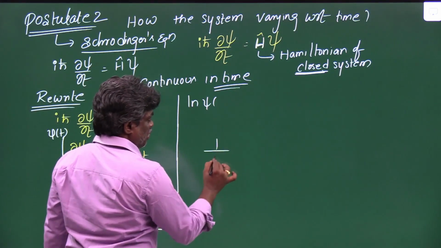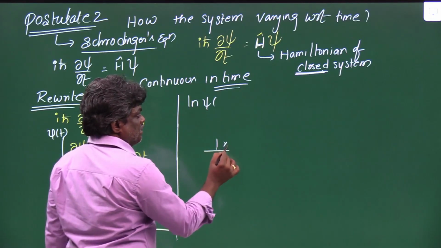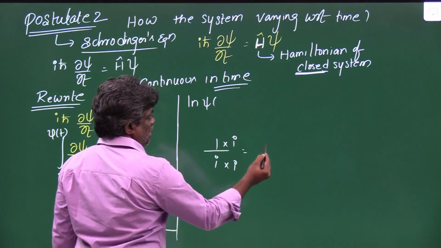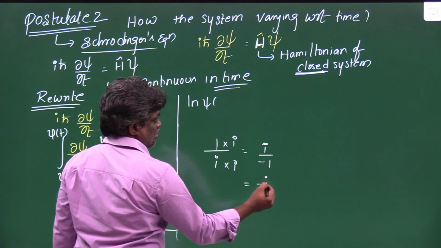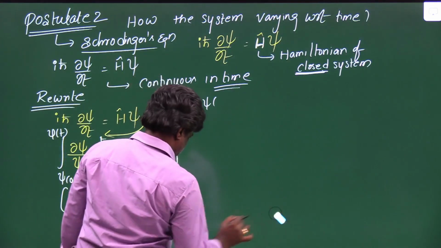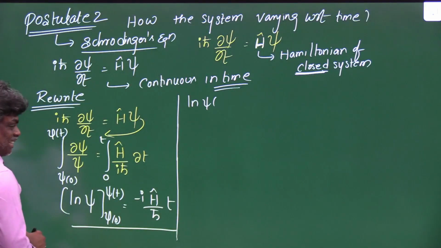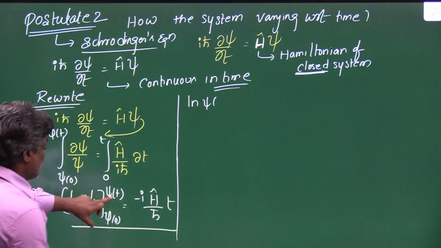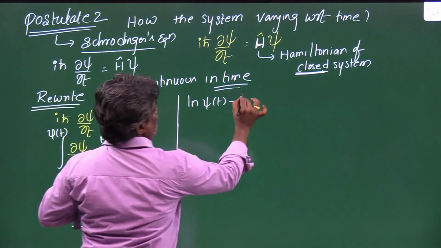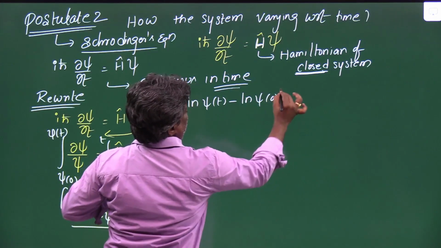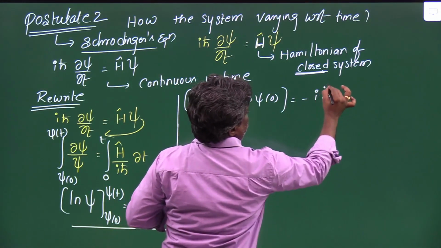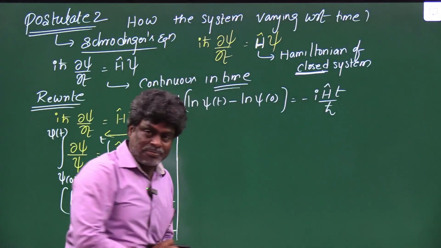Just multiply with iota on numerator and denominator. Right. So now upper limit log of psi of t minus lower limit log of psi of 0. Is it okay? Equal to minus i H cap t by h cross.